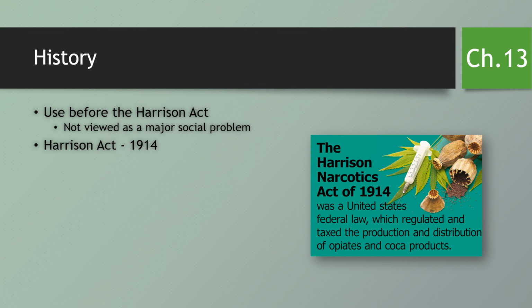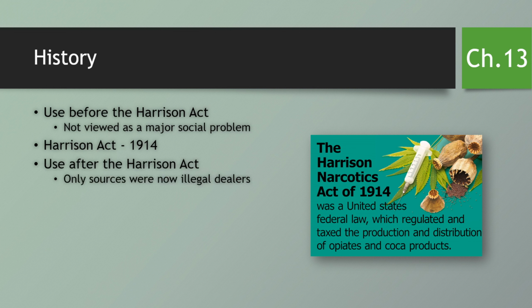So oral use declined, right? Those oral medications declined because people weren't able to get them. The main method that remained was injection. These illegal dealers were the only way to get it, and they tended to spread the liquid injectable form of these opioids.